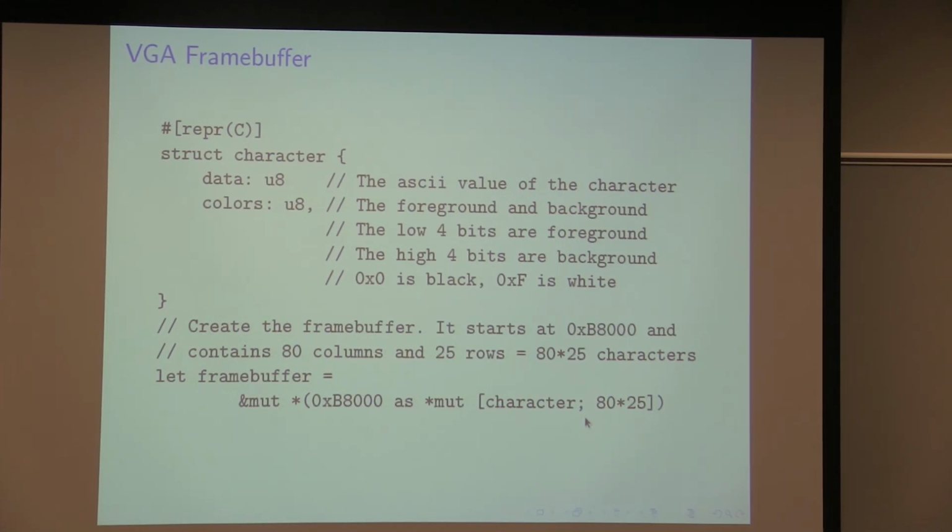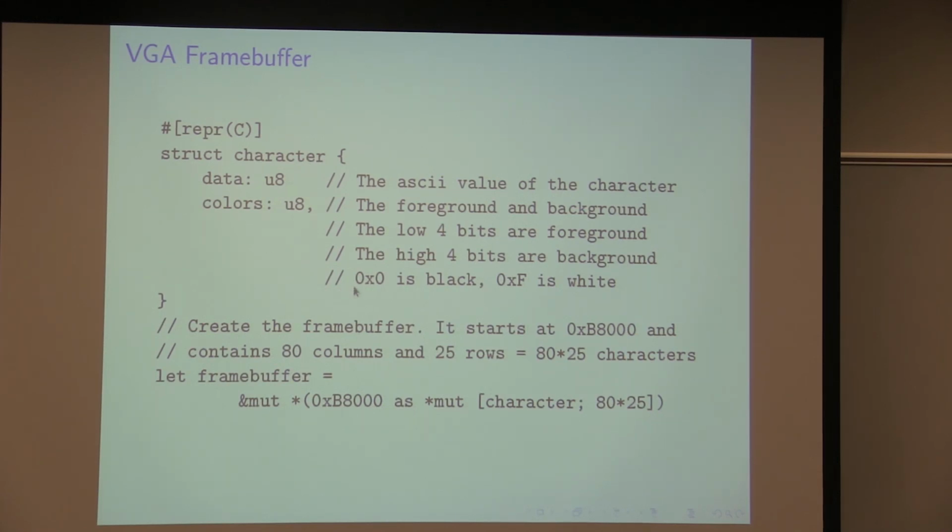To write any character to the screen, you just create a new character. It's a 16-bit value. The lowest 8 bits of it are the ASCII value of the character you want to stick on the screen. The highest 8 bits control the color. This lets you set the background and foreground color of that position on the screen.